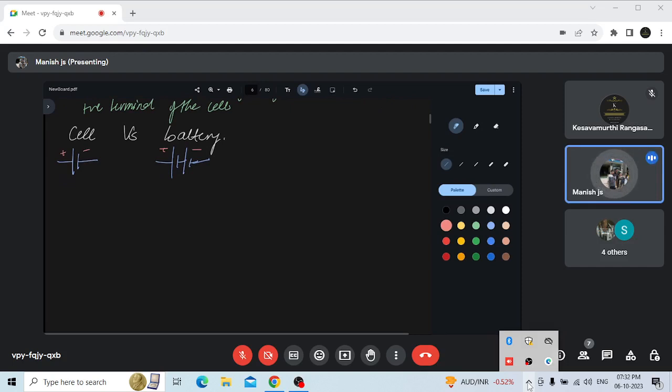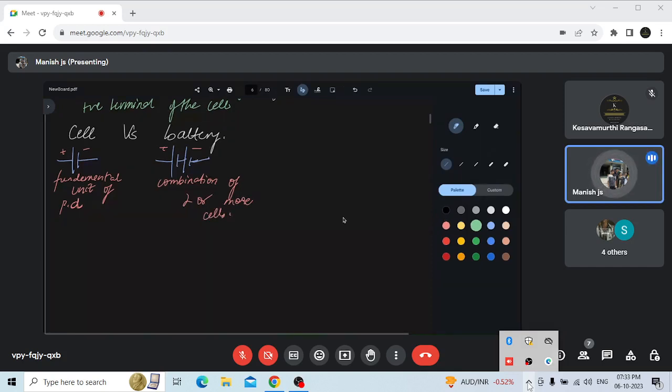A cell is a fundamental unit of potential difference. A cell is a single unit, but a battery is a combination of two or more cells. I will use potential difference's short form, PD, so don't get confused. That's the basic idea you will have to have.